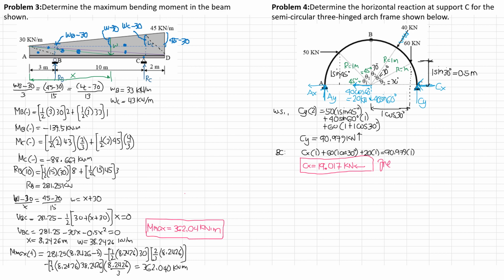So shear BC is 281.25 minus 30x minus 0.5 of x squared. Then equate it to 0 and solve for x. The only possible value of x which lies between 3 and 13, it should not exceed that range, is 8.2426 meters.